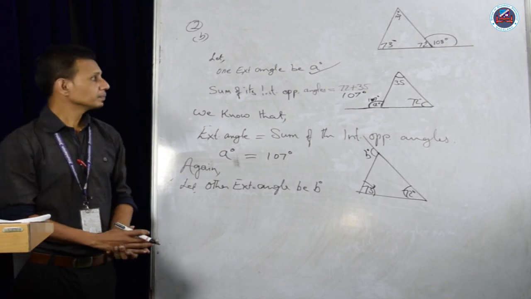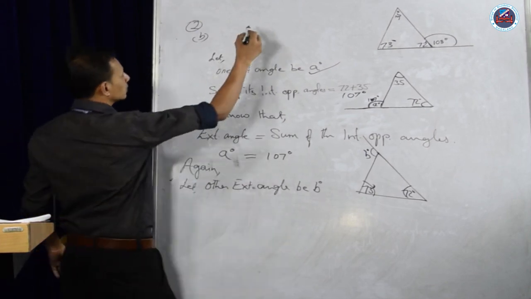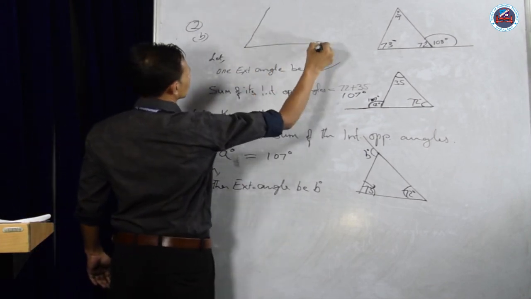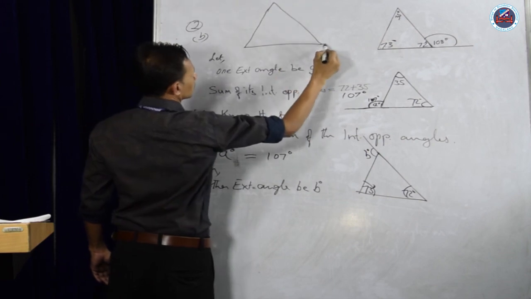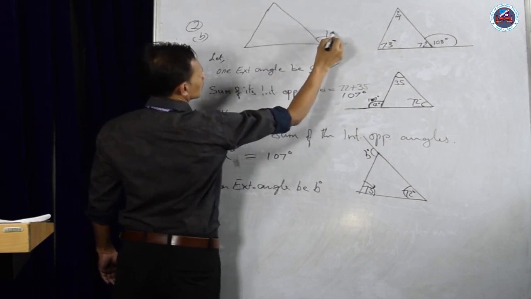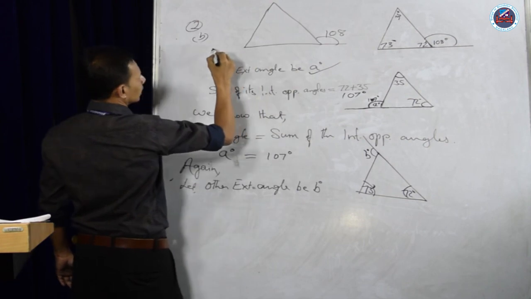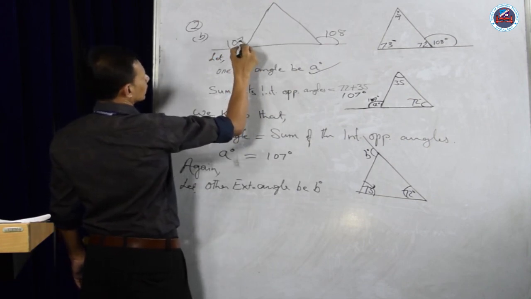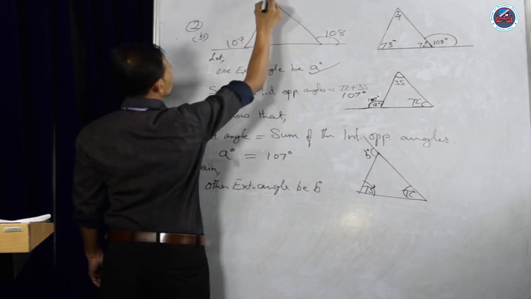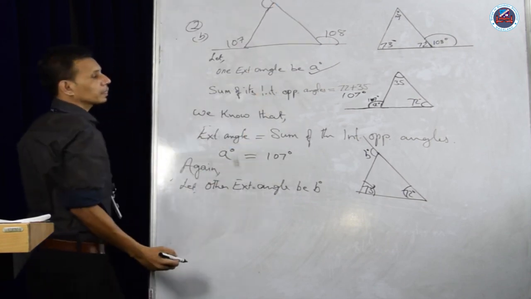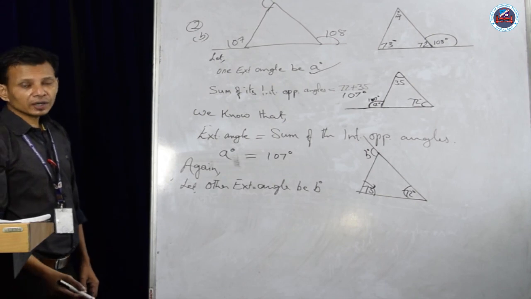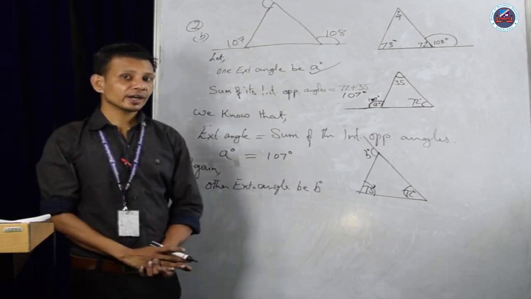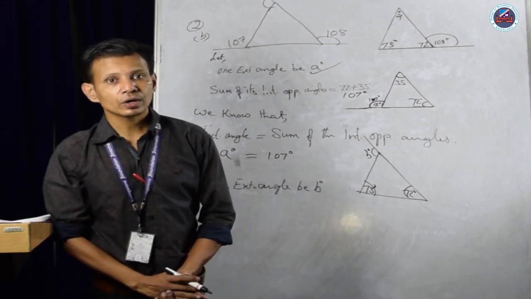And remember children, now I will come here. Here you know the exterior angle is 108. Here you know the exterior angle is 107. Now here you are searching, to check whether your exterior angles are correct or not.